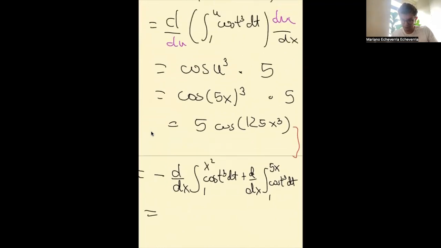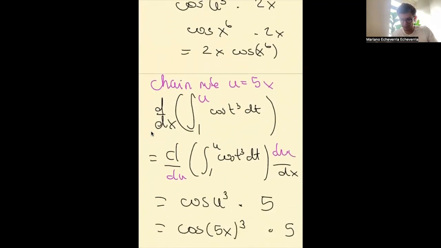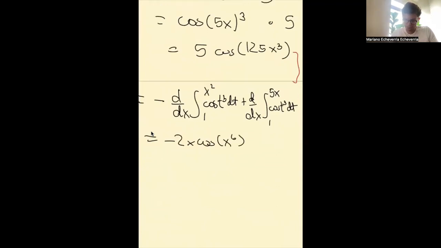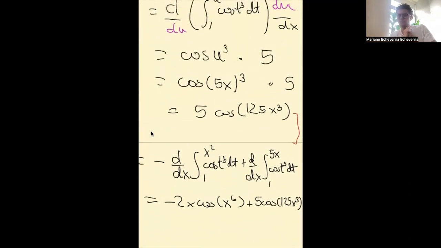The first derivative is multiplied by minus, so you get minus 2x cosine of x to the 6, and the other one is plus 5 cosine of 125 x cubed. So it's an interesting problem to check the fundamental theorem of calculus, the chain rule, and the properties of the integrals. So it has a lot of things together. Is that making sense?